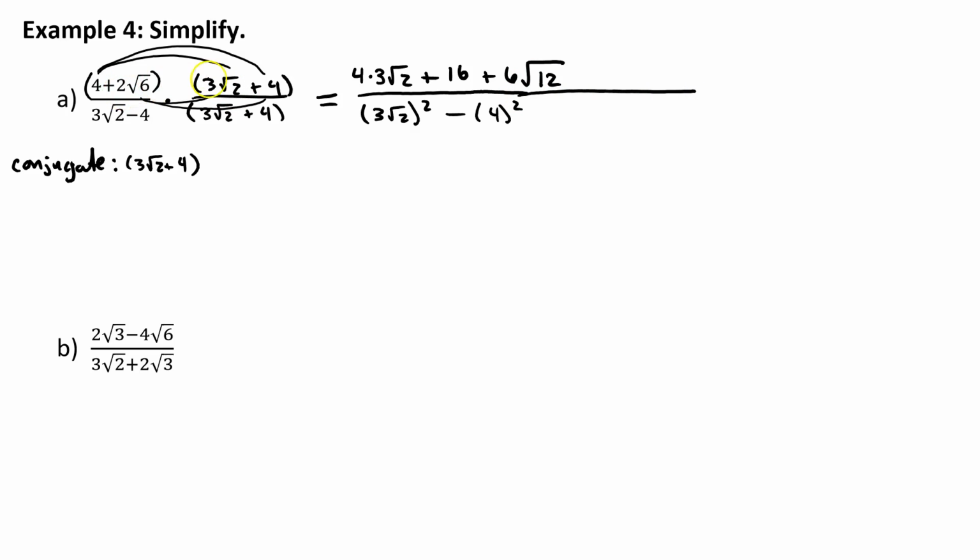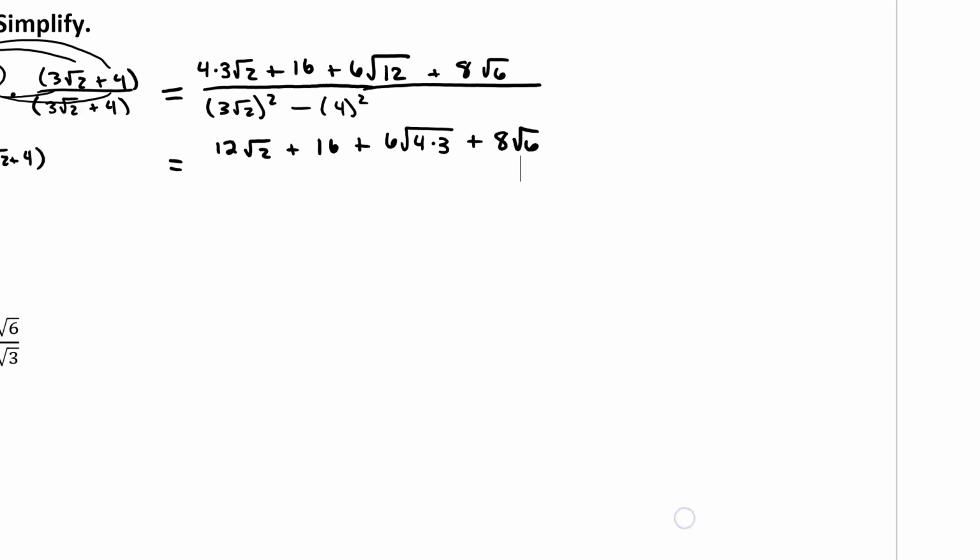And then 2 times 4 is 8 root 6. Okay, so we have 12 root 2 plus 16 plus, this one can be simplified a little bit because I have 6 times 4 times 3, plus 8 root 6.